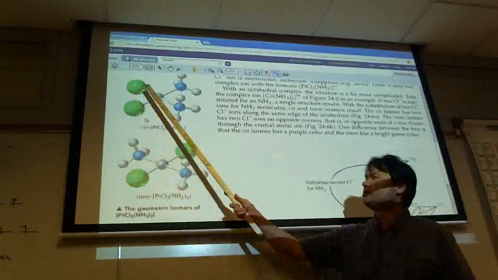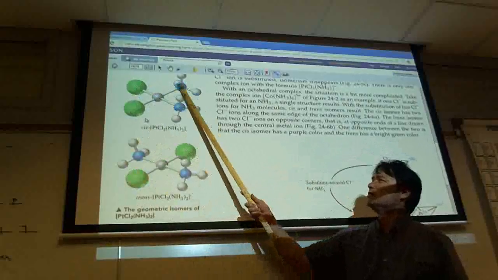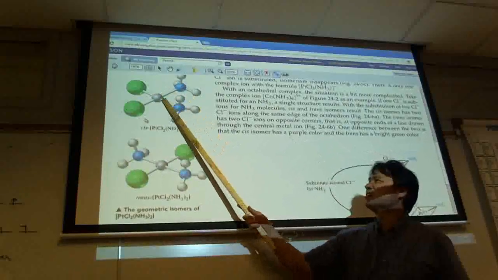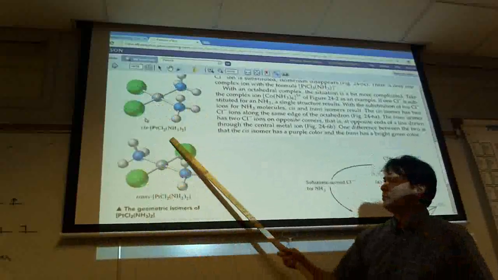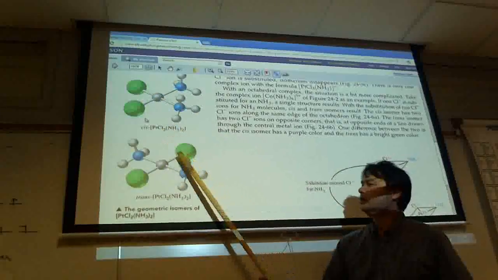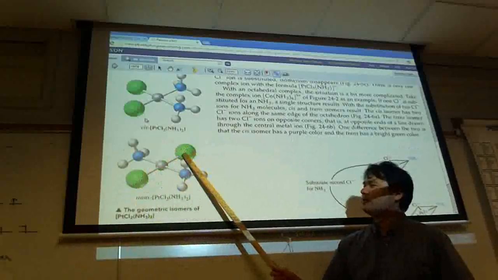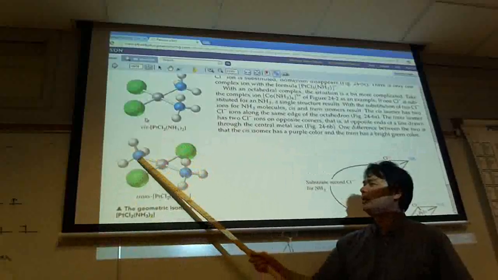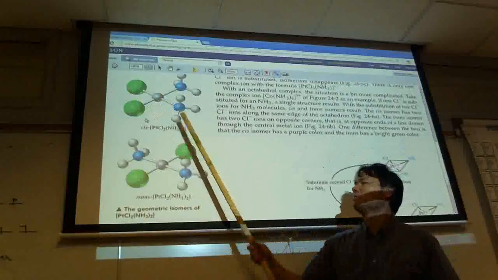When they're adjacent, we call it cis. The two amines are adjacent to each other. That's the cis isomer. The trans isomer, we have the chloros opposite each other. Here the chloros are 180, here the amines are 180. Here they're adjacent at 90.